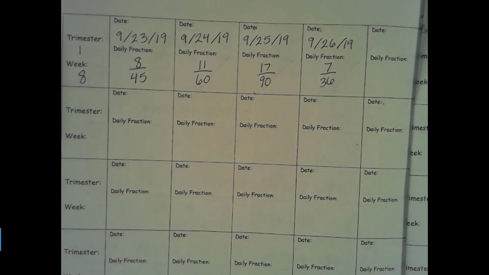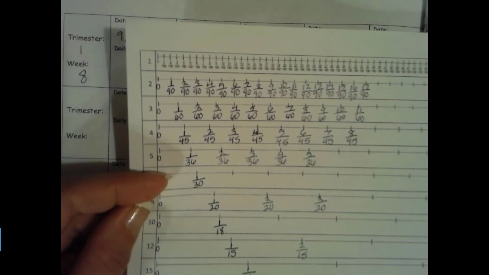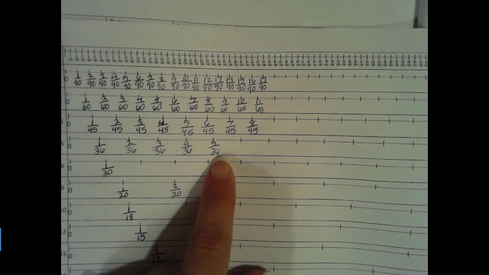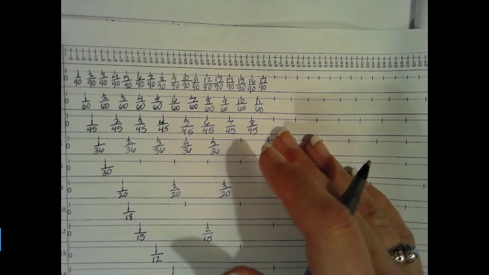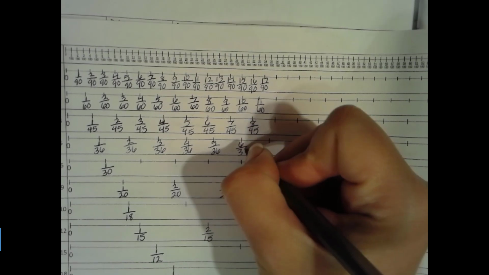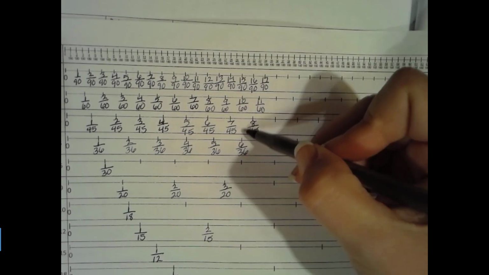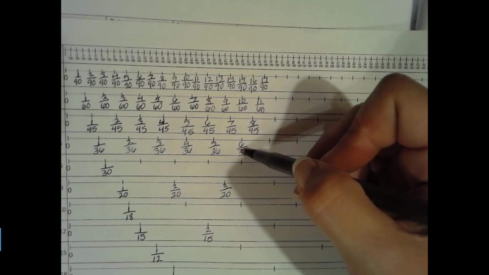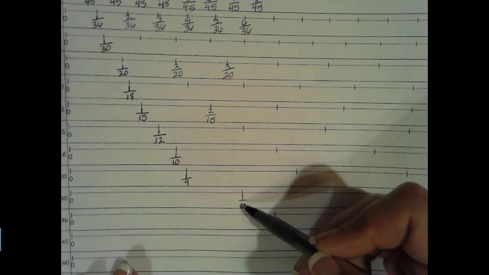Go ahead and get out our number line. We did groups of 5, so here we go. 5/36 and then 6/36. Well, that is equivalent to 10/60ths, to 15/90ths, but our equivalent fraction in lowest terms is 1/6.